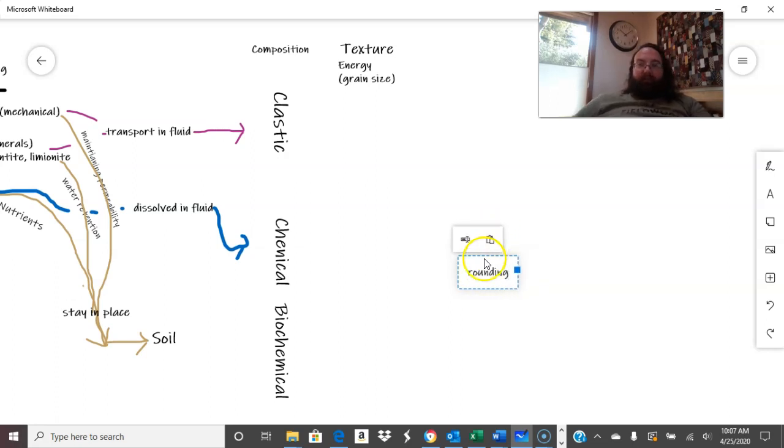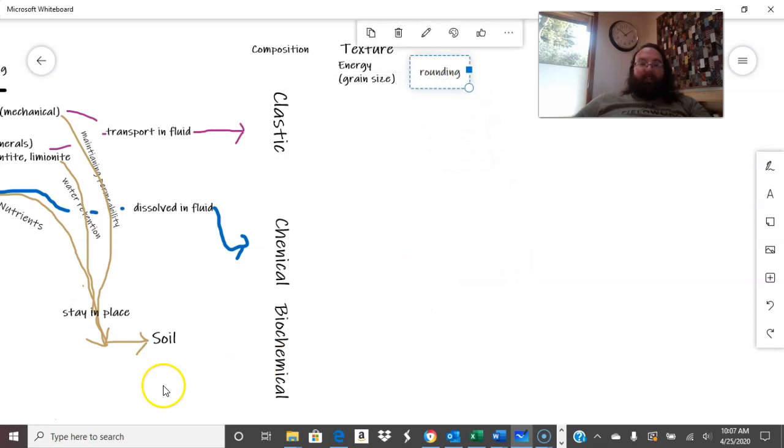This is basically the premise that moss does not cling to a rolling stone. Or in this case, as a sediment travels, the more it travels, the more round it gets.